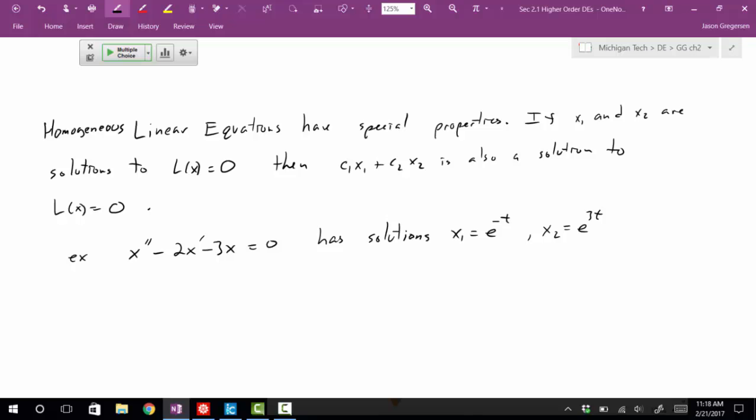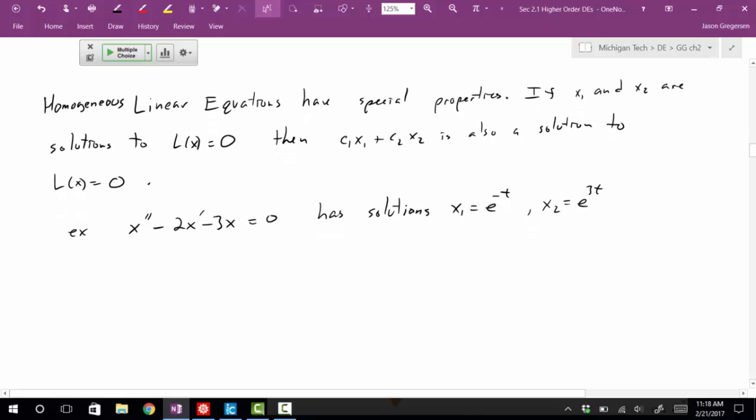But what I want you to do is now look at this guy. Look at x3 equal to 2e to the negative t plus 3e to the 3t. And say, is this guy a solution?